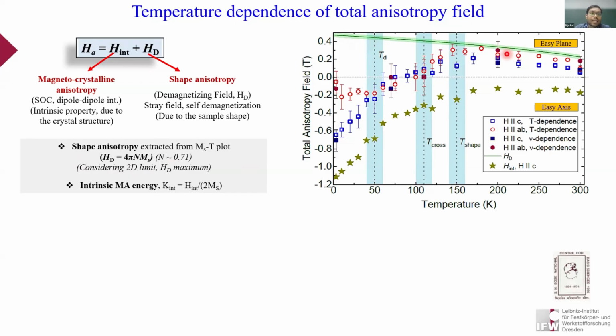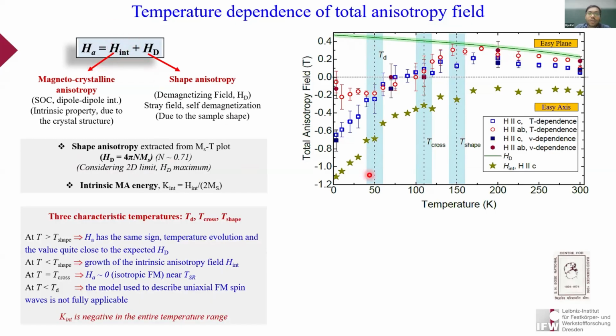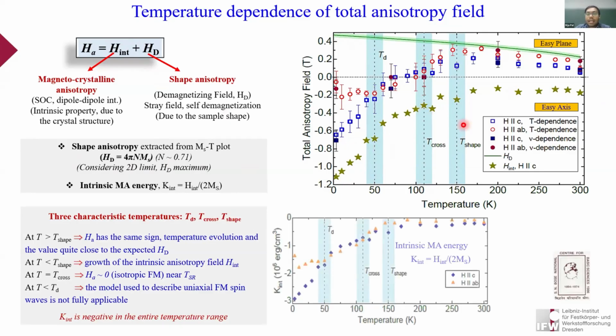And if we extract the intrinsic magnetocrystalline anisotropy, we can see that it flows like this star. And interestingly, we have found that the system is fully magnetic easy axis here, and the competition between magnetocrystalline anisotropy and shape anisotropy gives isotropic behavior near this 110 Kelvin.